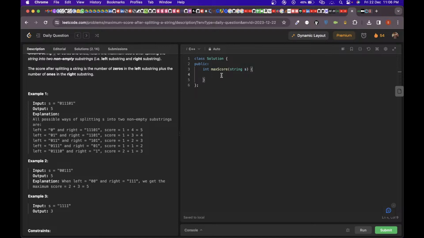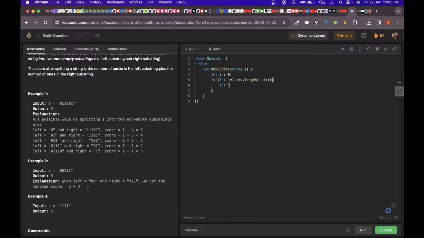So how we can approach this question is, first of all, we take one answer variable as 0 and start iterating our string from i equal to 1 to less than the string length.